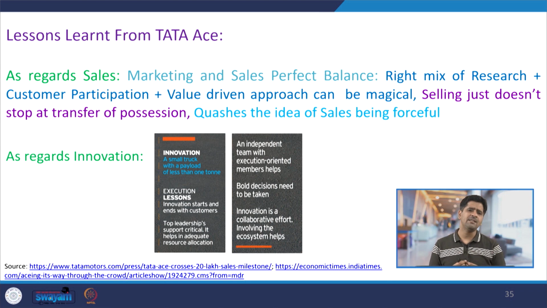And there is another thing which becomes very very obvious, that innovation is a collaborative effort. It's not like you have just one person who is working on coming up with the star product. If you have people who are from different departments, like in this case you had someone who was taking care of the technical aspects, you have someone who was taking care of keeping the budget intact, you have someone who was focusing on what are the insights that are coming from customers, it is definitely going to make a lot of difference with respect to coming up with a very good, or maybe I say magical product.